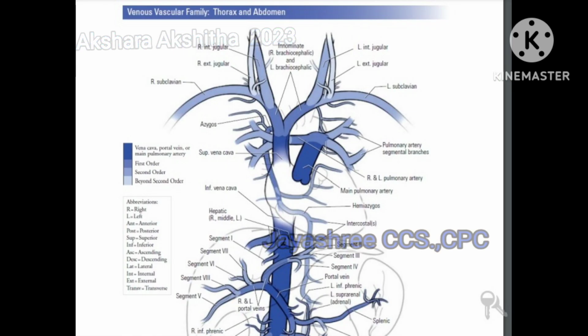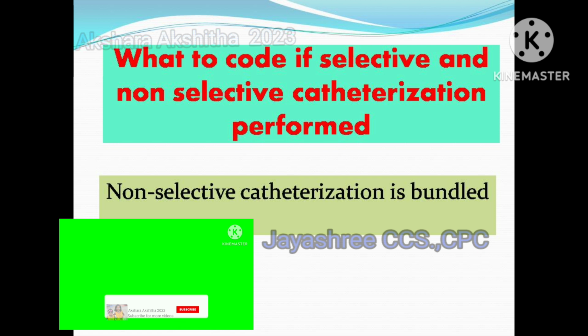What to code if selective catheterization and non-selective catheterization are performed together?